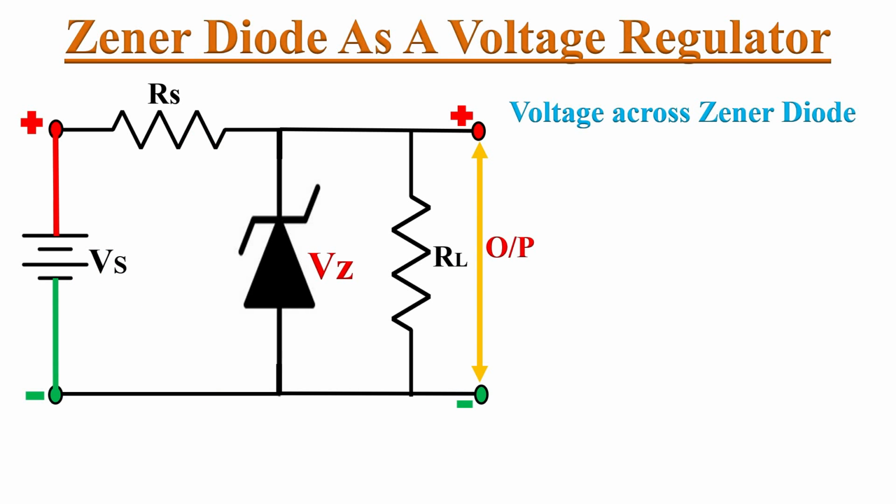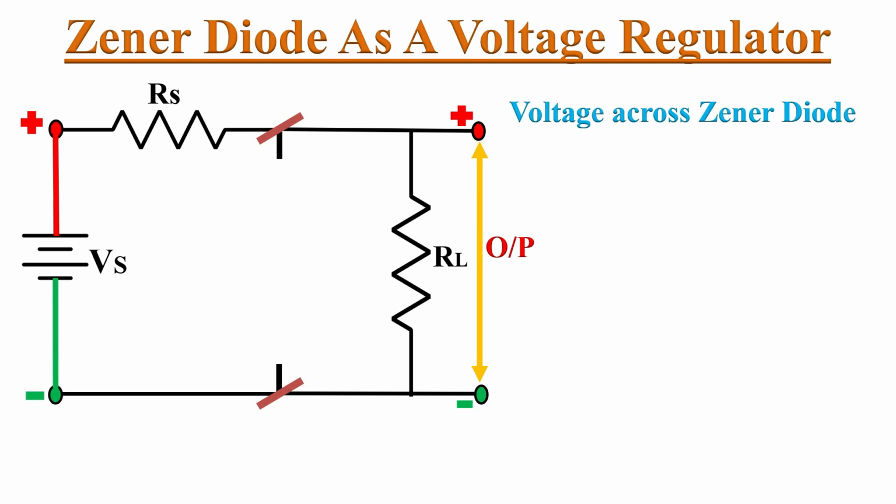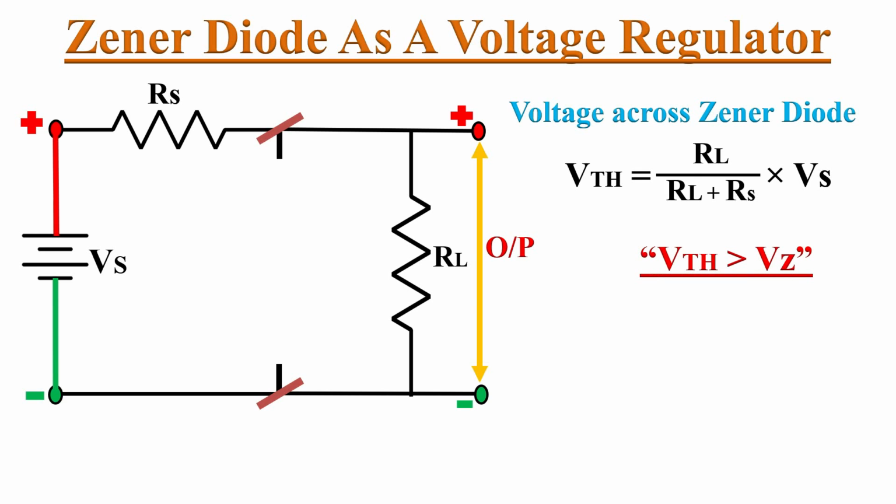To find the voltage across this Zener diode, first we need to find Thevenin's equivalent voltage across these two terminals. It is nothing but the voltage drop across RL, and it can be given as Vth equals RL divided by RL plus RS, multiplied by Vs. If this Thevenin's voltage is more than Vz, the Zener diode will operate in the breakdown region.